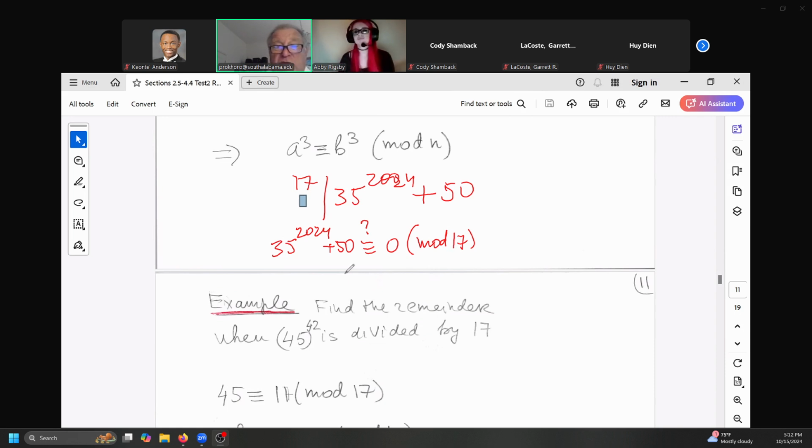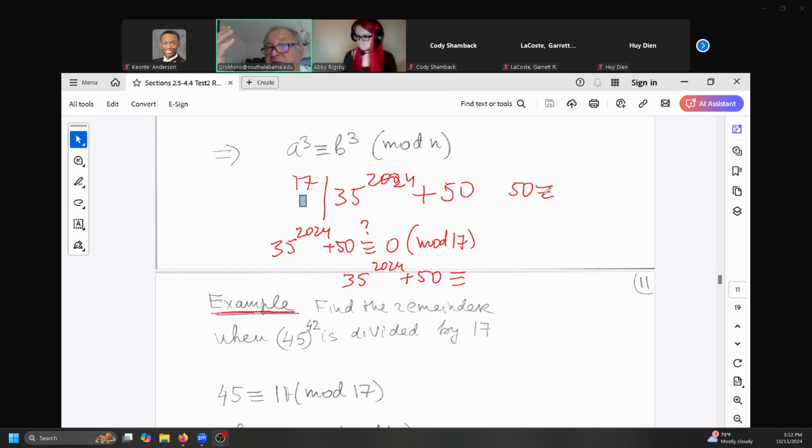Okay, so how to do it? And see, this step is important. What are congruences? We take a number and we replace it by a smaller number. What can we say about 50? How can we write 50 modulo 17?